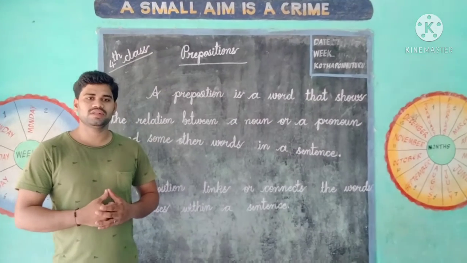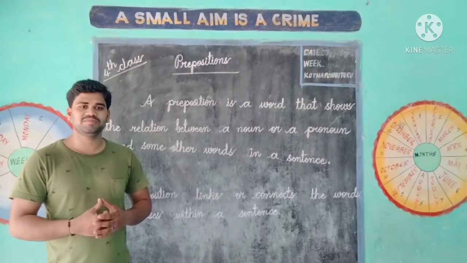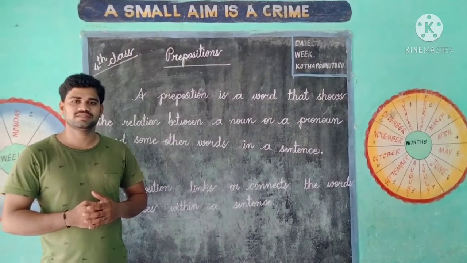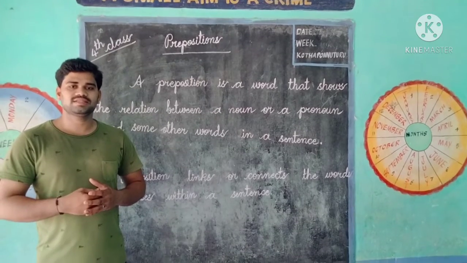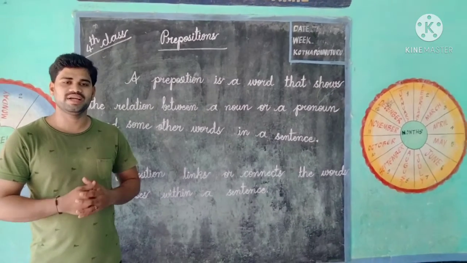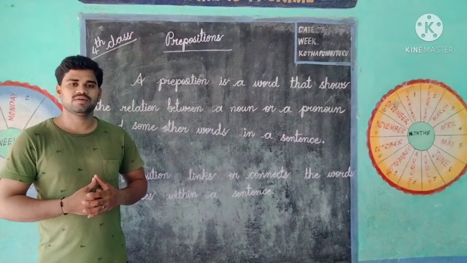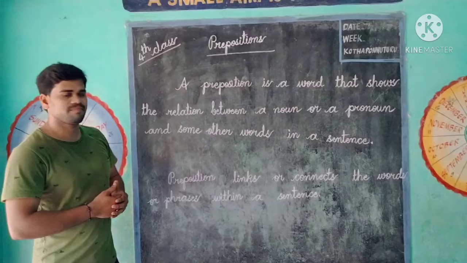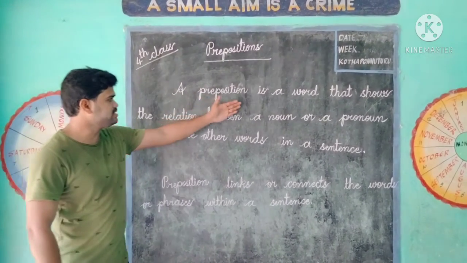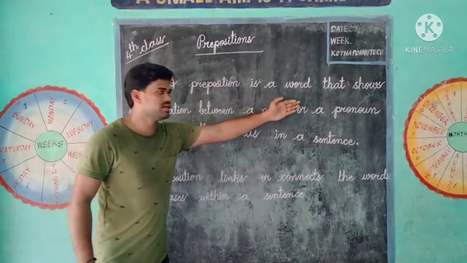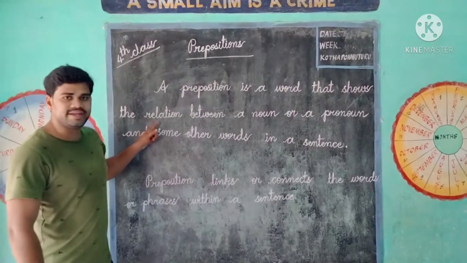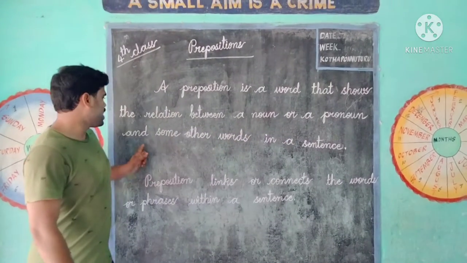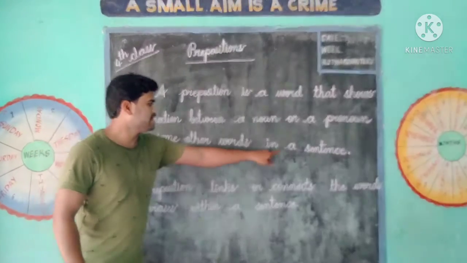A preposition is a word that shows the relation between a noun or a pronoun and some other words in a sentence.